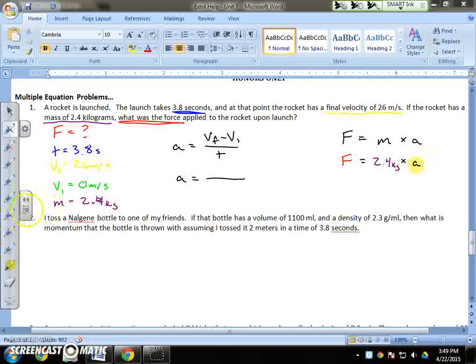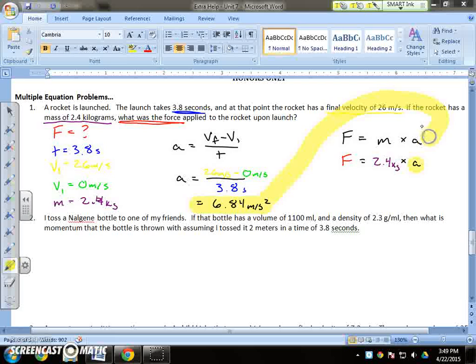So in this case, our VF was the 26 meters per second, minus your VI, the 0 meters per second, and then we've got that 3.8 seconds was time. Once we set all of that together, we get our 26 over 3.8, that leaves us with 6.84 meters per second squared, and that whole thing, our acceleration, is going to get put into here.